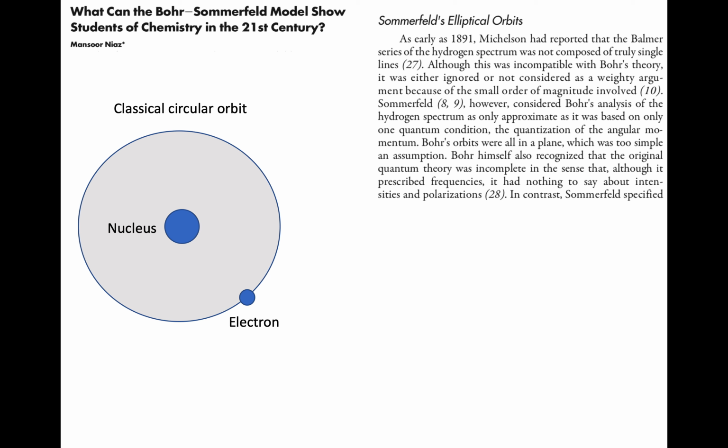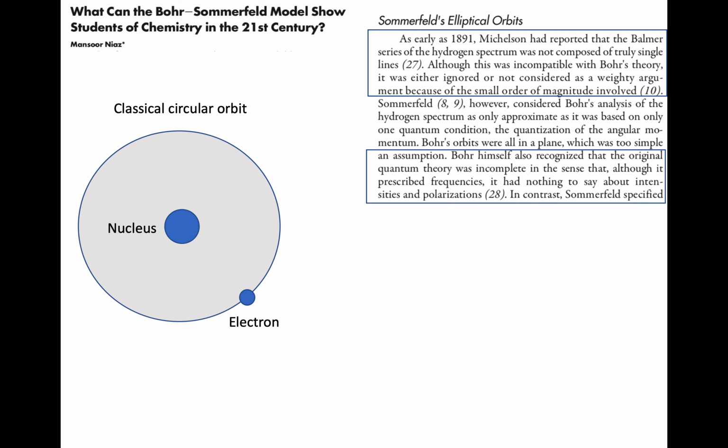This wasn't the end of this particular model. It began to be modified. So in the Bohr-Sommerfeld model, there's a description of how the simplest Bohr picture was adjusted. Why was it adjusted? Well, as was pointed out, the line spectrum for the hydrogen atom, as we know, is an important feature that supports Bohr's description.